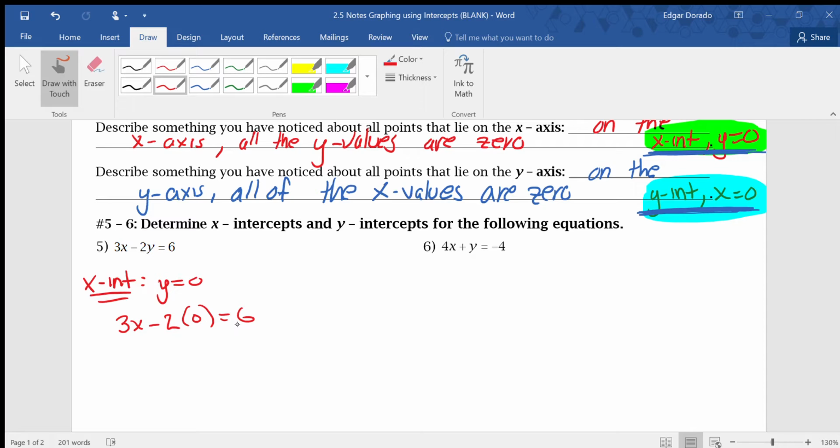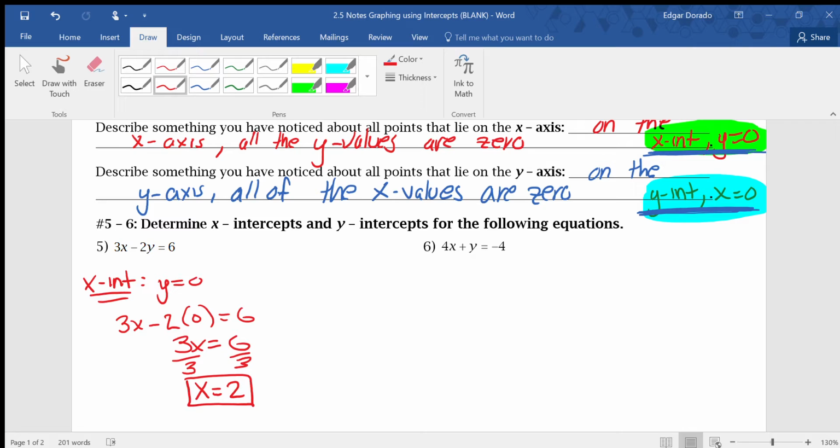So here we get 3x minus, well, 2 times 0 is just 0, so we really just get 3x equals 6. Divide by 3, I'm sorry, we get x equals 2.